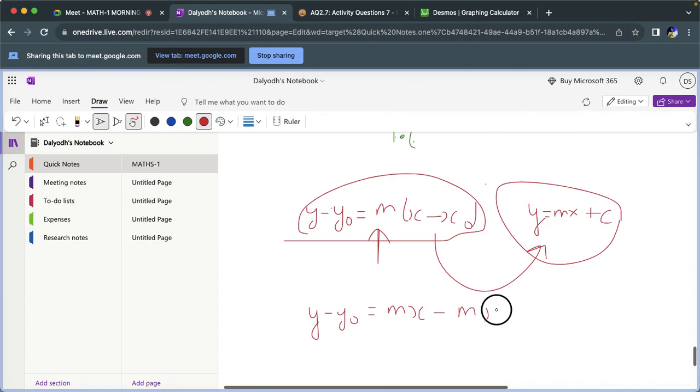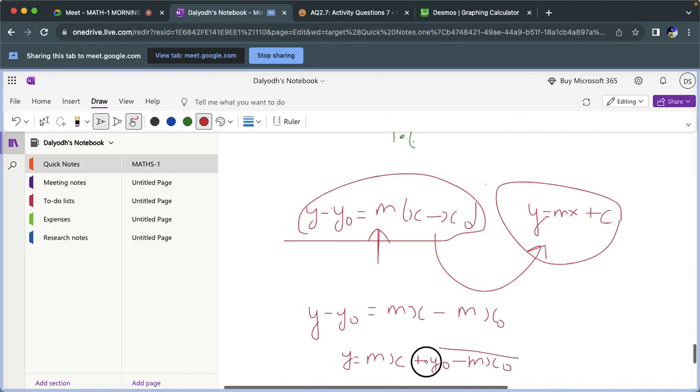So we can represent it in some way: y equals mx plus y naught minus mx naught. So this is how you represent this.